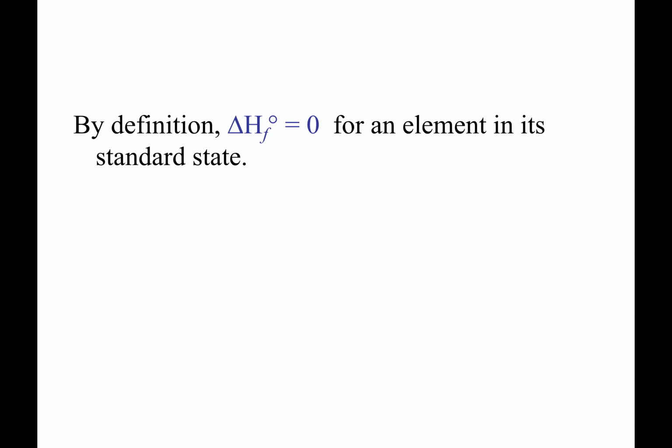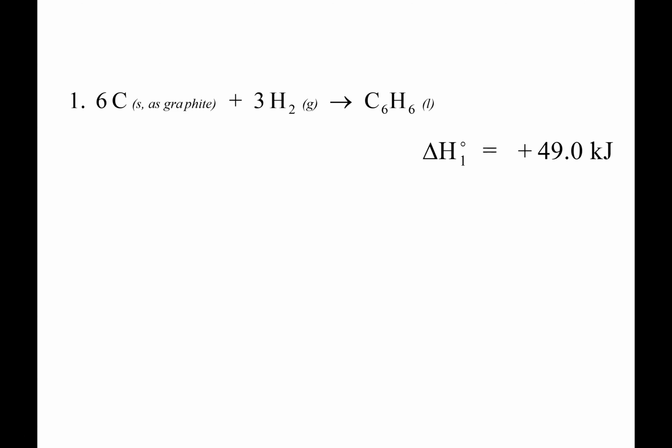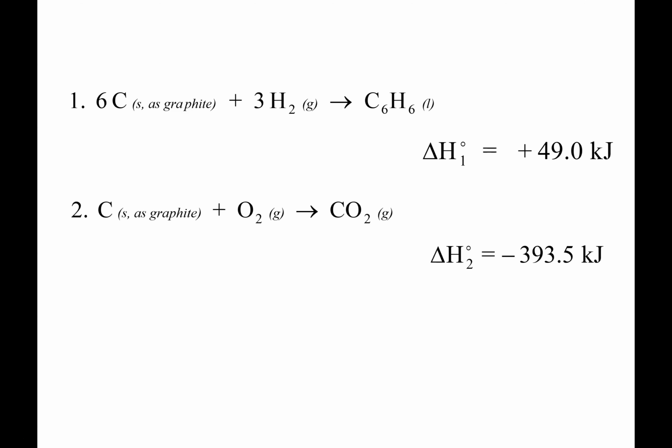Notice it's making it from what? Carbon and hydrogen. And by the way, this is where I got nitpicky about the allotropic form of carbon, graphite. Graphite is carbon's standard state, solid graphite, at 25 Celsius and 1 bar pressure. This one is also a standard molar enthalpy of formation. What's on the product side?